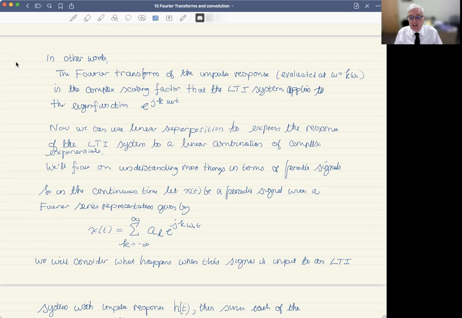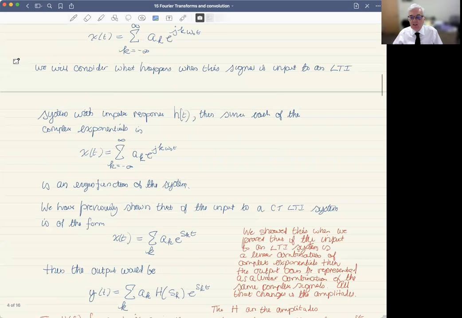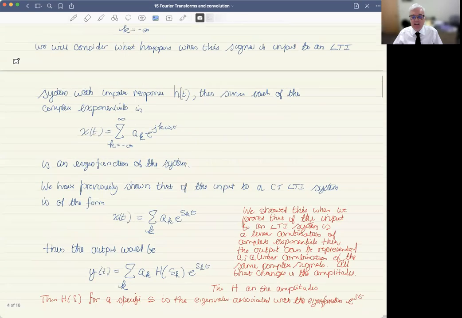We can use linear superposition to express the response of LTI systems to a linear combination of complex exponentials. And what I want to focus on here is understanding things in terms of periodic signals. So what we're going to do is, in continuous time, we're going to take a Fourier series representation, and we'll consider what happens when the signal is applied to an LTI system.